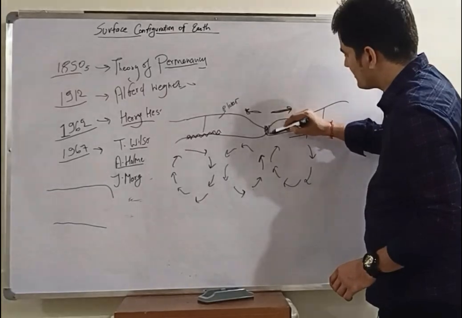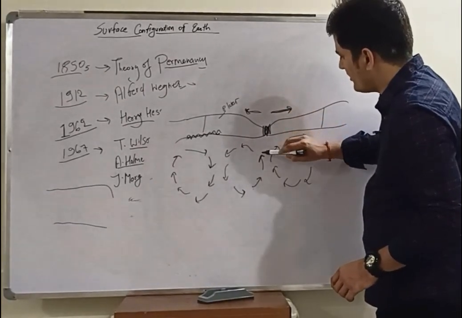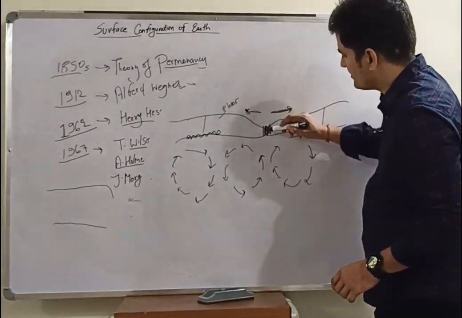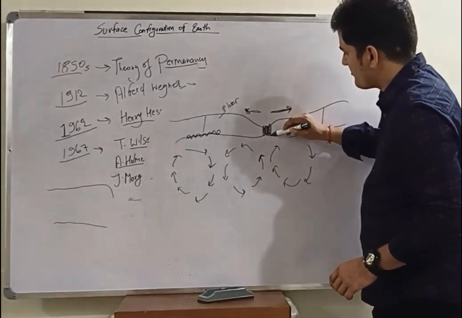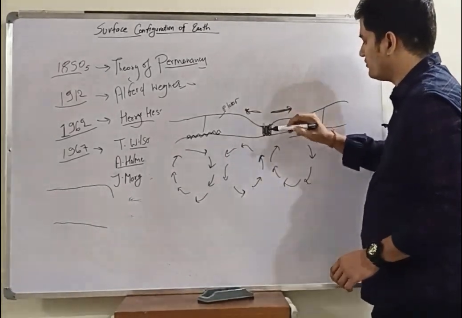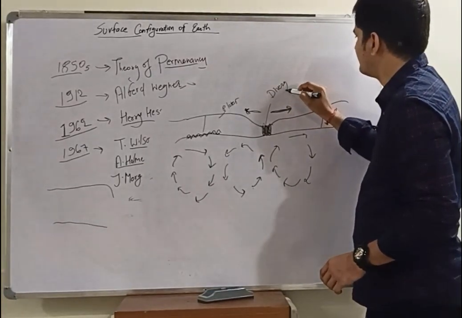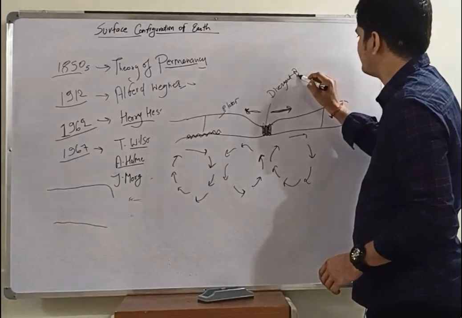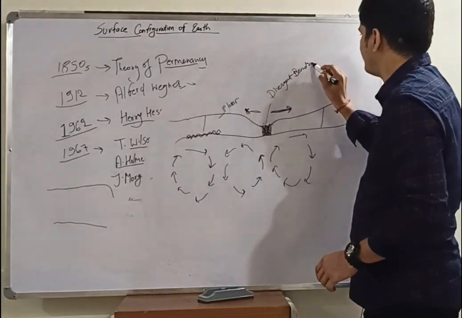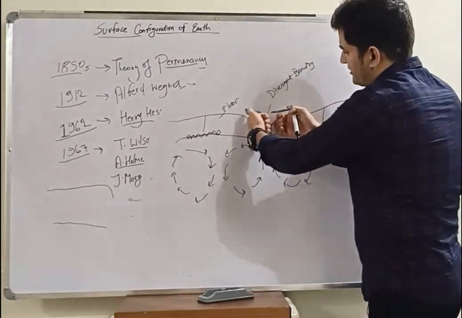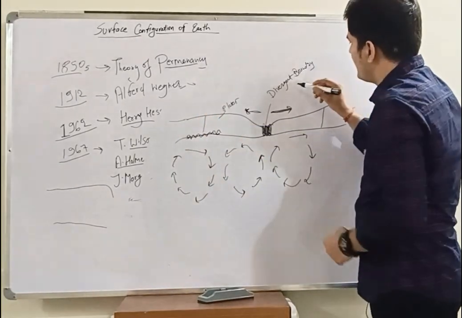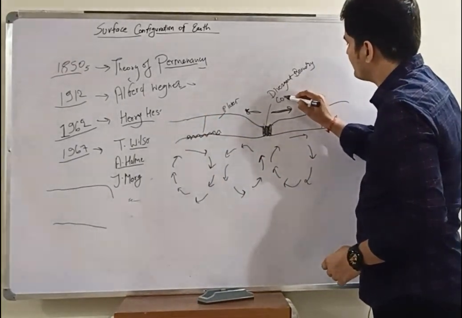So here a gap will be created, and when molten magma rises up, the magma cools down and creates a new crust, and this is known as divergent boundary. Because two plates are diverging from each other, it is also called the constructive boundary.